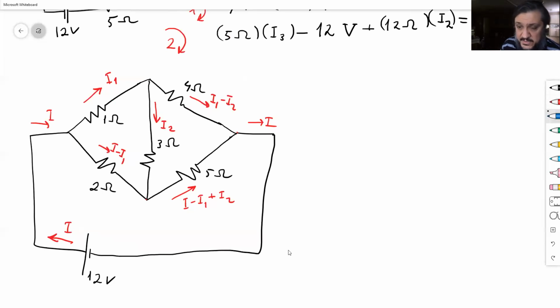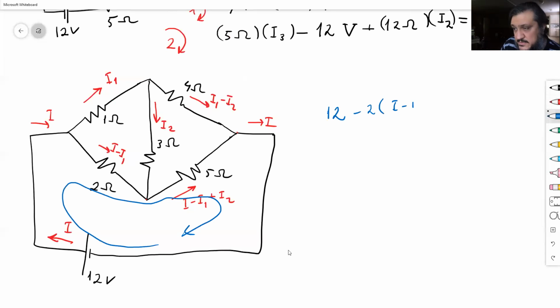Let's pick this loop here: 12 volts, and then minus 2 times I minus I1, because I'm traveling in the direction of the current, minus 5 times I minus I1 plus I2, equals 0, etc. Find 2 more equations and then you'll be done with 3 equations and 3 unknowns.